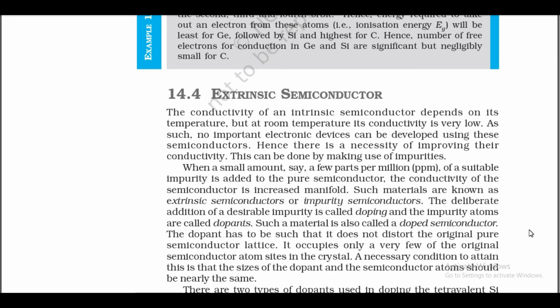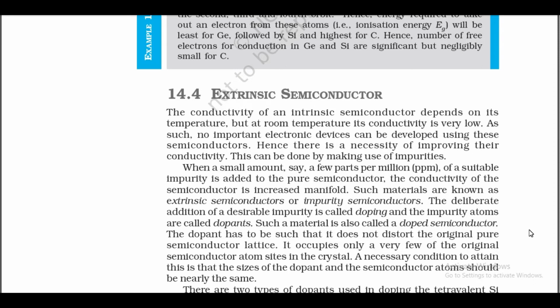This can be done by making use of impurities. When a small amount, say a few parts per million (ppm), of a suitable impurity is added to the pure semiconductor, the conductivity of the semiconductor is increased manifold. Such materials are known as extrinsic semiconductors or impurity semiconductors.